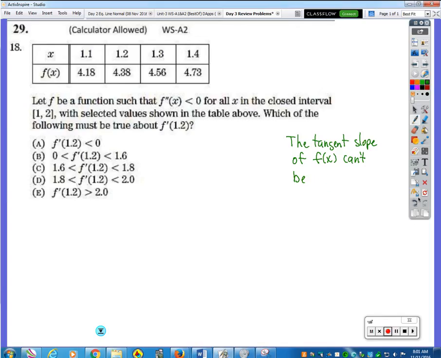Colin's gonna make me do it again. The tangent slope of f of x can't be found from a table of f.